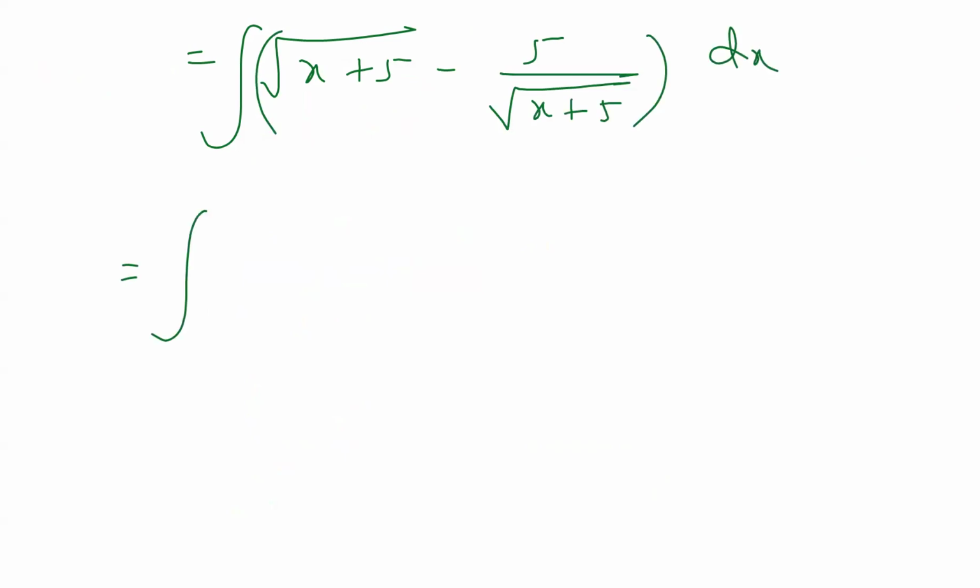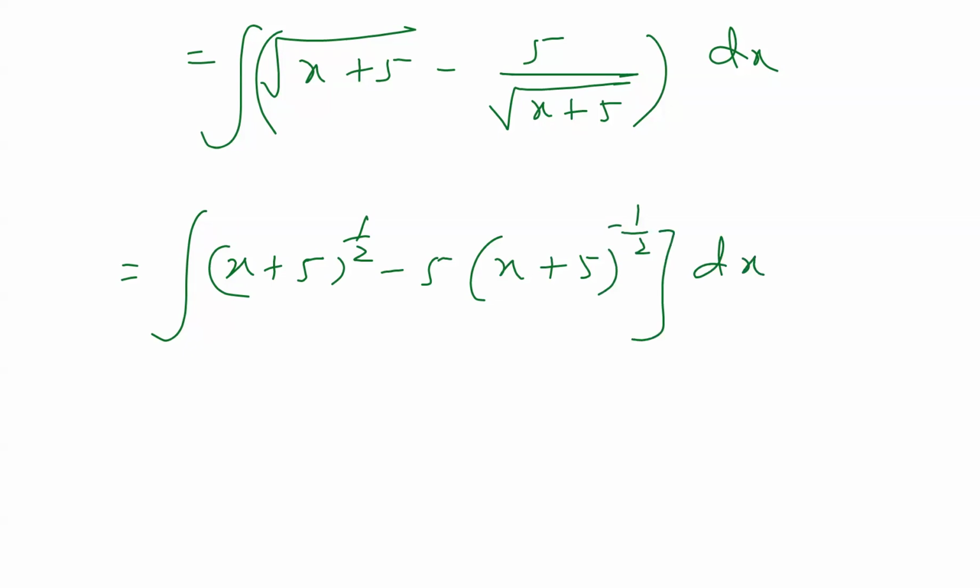Okay, so this is x plus 5 raised to half minus 5 into x plus 5 raised to minus half. Because root will go up, so half will go up and it will be minus half over here.